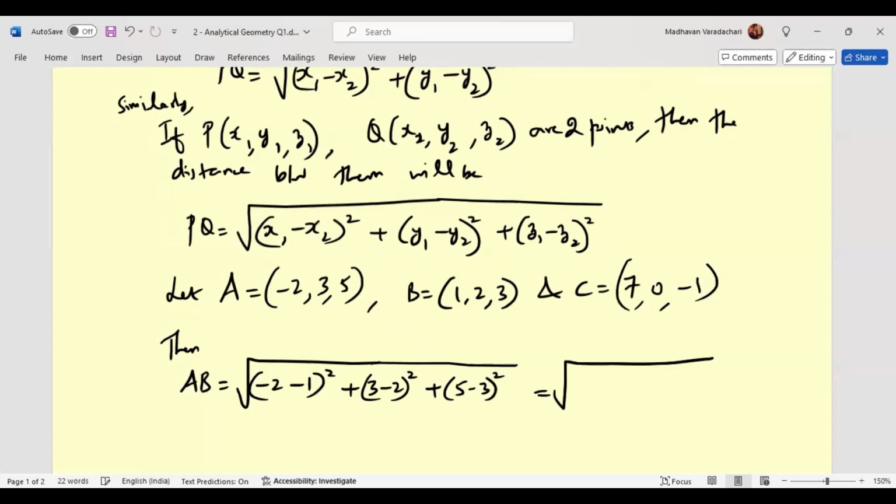So that will be (-3) square is 9, 1 square is 1, 2 square is 4. So this will give us root 14.